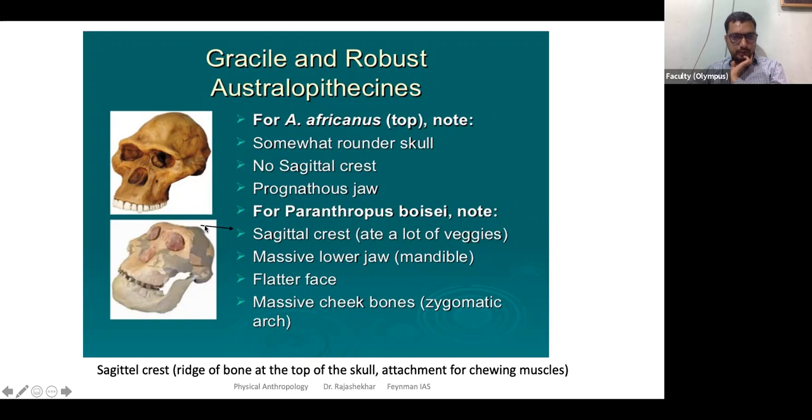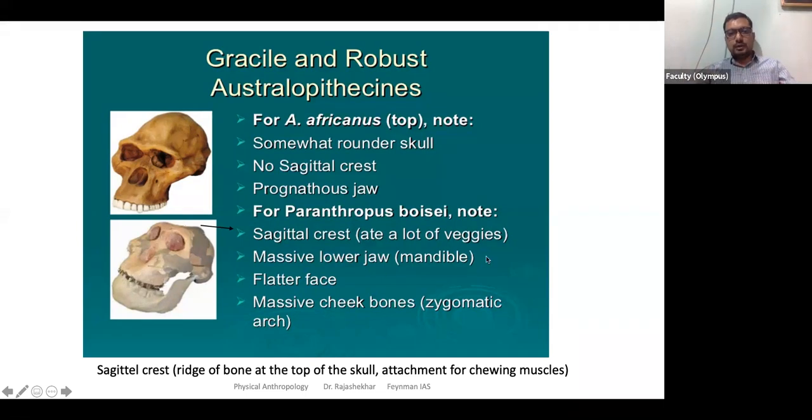If you talk about Paranthropus, they have a sagittal crest, meaning a muscular structure here on the top. If you see this sagittal crest, it means that they were actually chewing a lot, because strong muscles will create this sagittal crest. It's like a ridge of bone where the chewing muscles are connected.